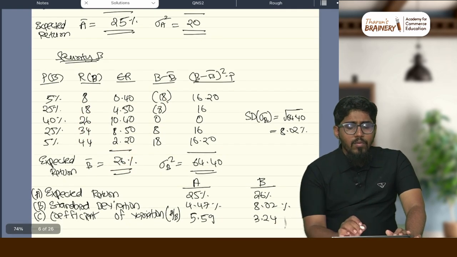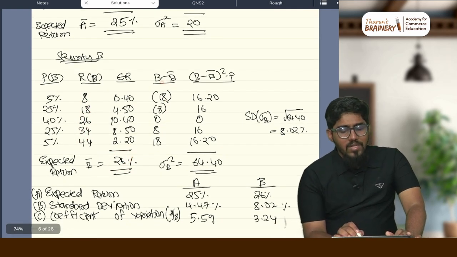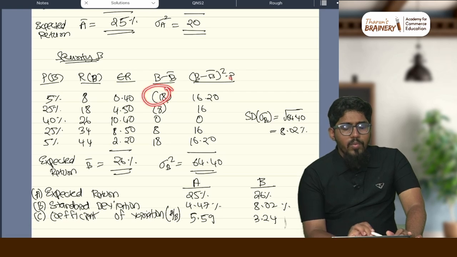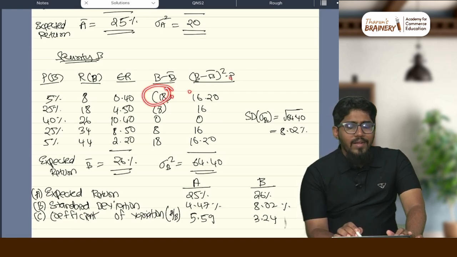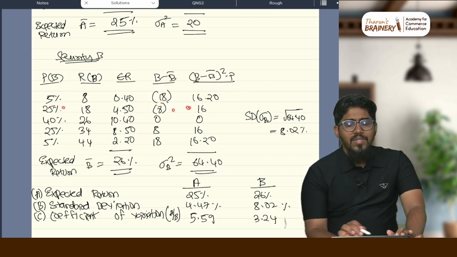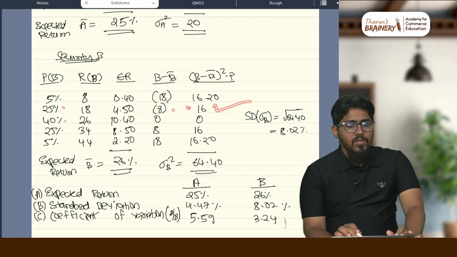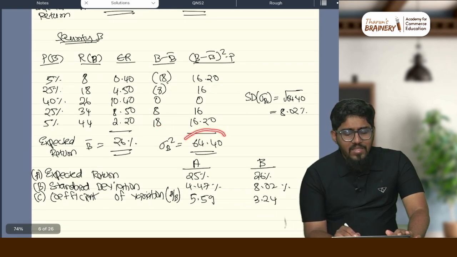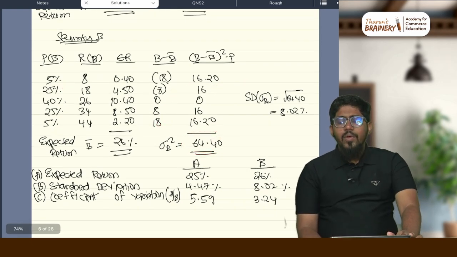Clarity. Now B minus B dash, the whole square into probability. So 18 into 18 into 5% is 16.2. 8 into 8, 64. 64 into 25% is 16. 0 is 0, again 16 and 16.2. So what is my variance? My variance is 64.40.